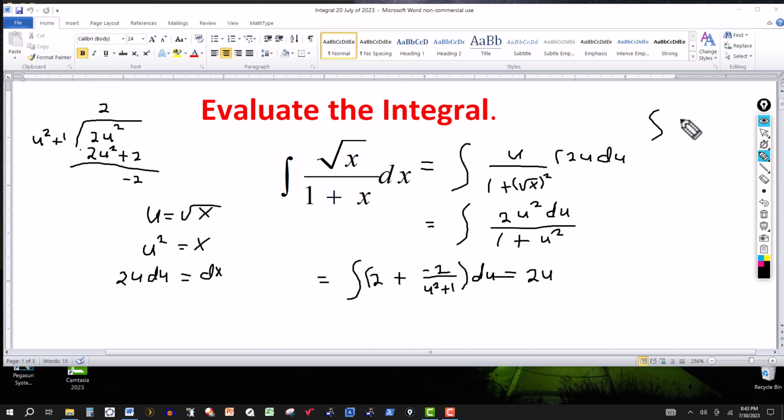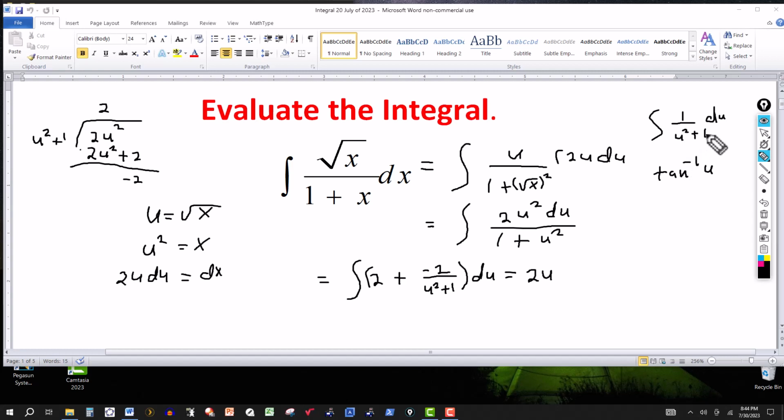So the integral of 1 over u squared plus 1 du would lead to the tangent inverse, or arctangent if you want, of u over 1 in this case, so this would just be u.